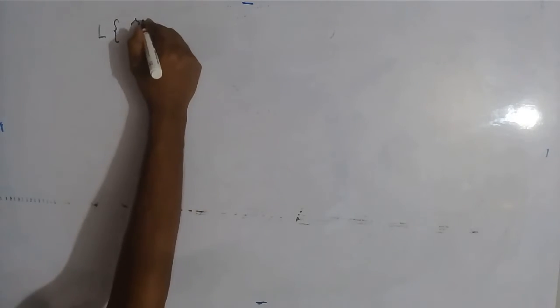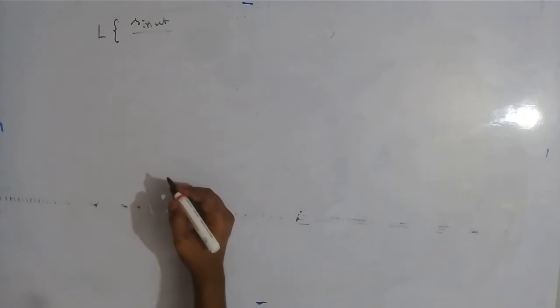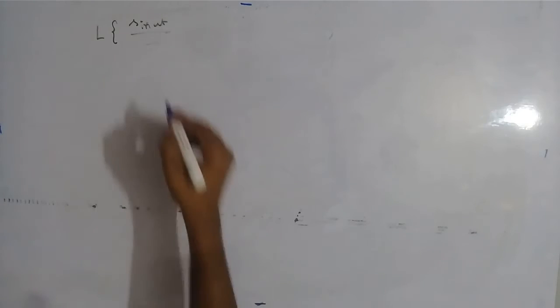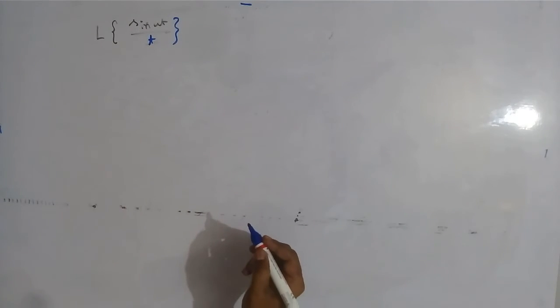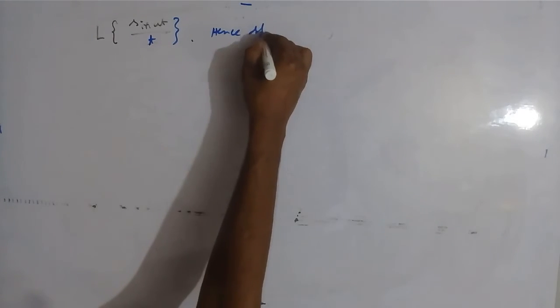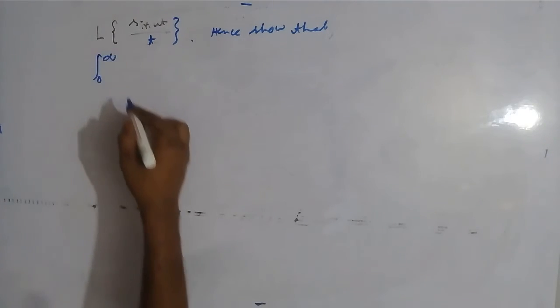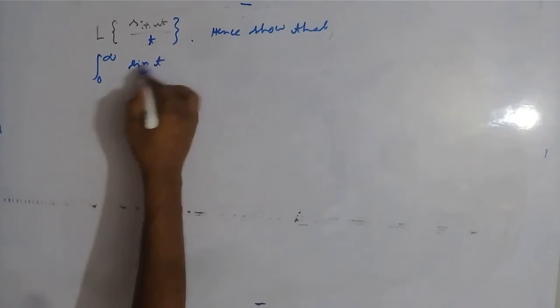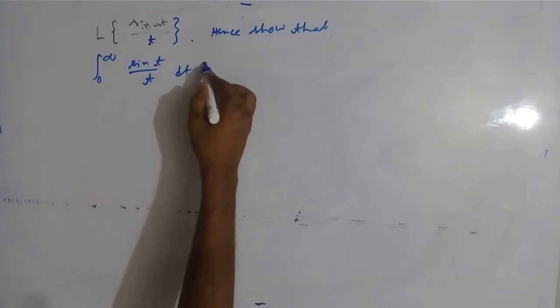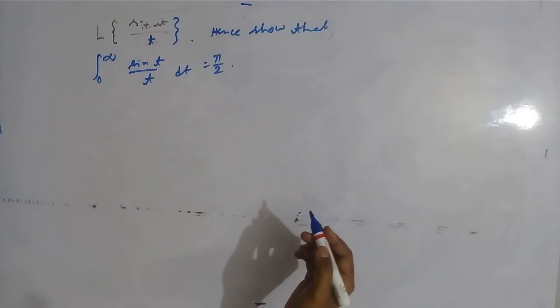The problem is, find the Laplace transform of sin at by t, hence show that integration 0 to infinity sin t by t dt equal to pi by 2. This is a very important problem.